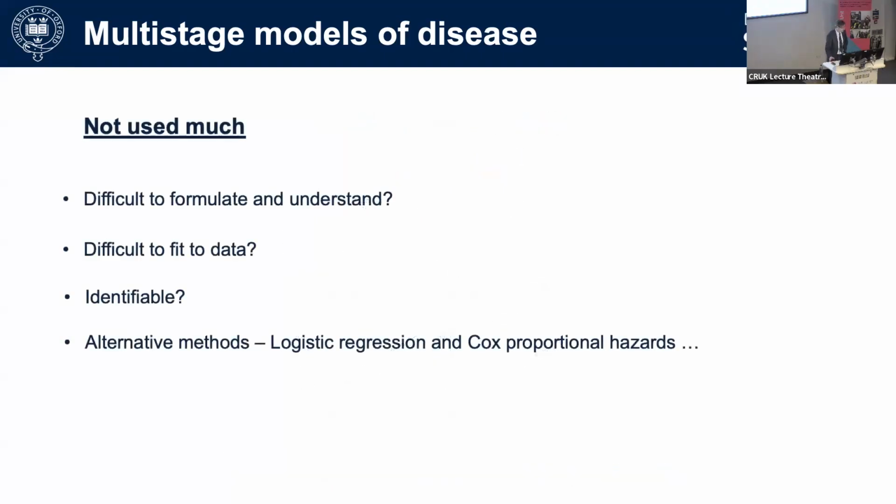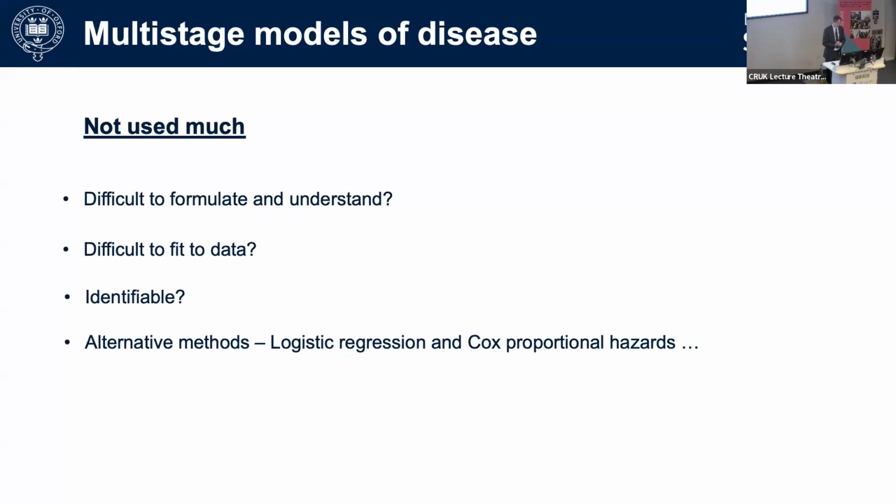There are reasons for this. Even today, many people find it difficult to formulate and understand the mathematics of the model. There may have been issues fitting more general versions of it to the data. There are questions about the identifiability: can you really uniquely determine the parameters and be certain that that's the number of steps that are involved?